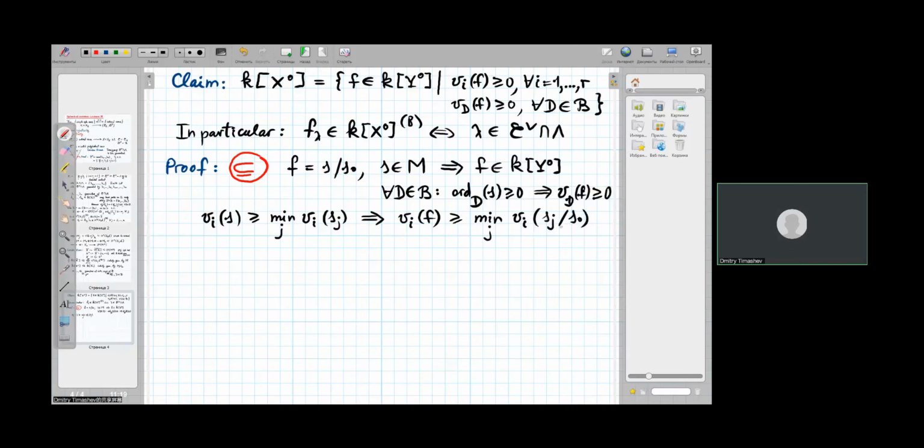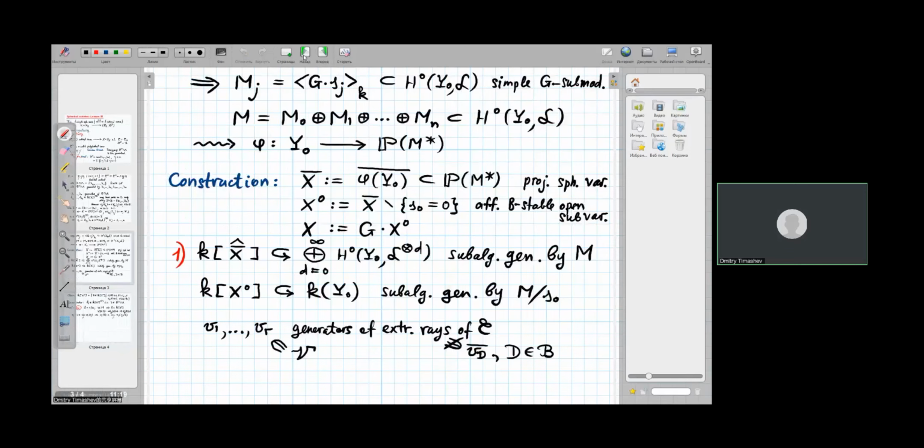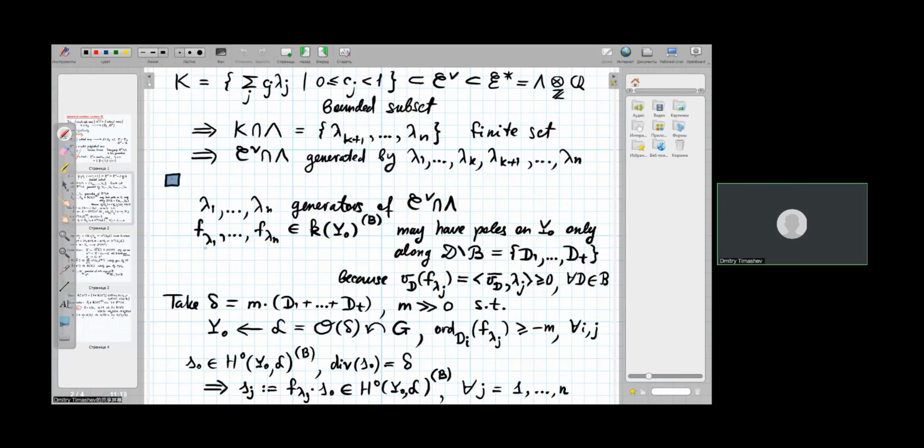And these fractions are exactly the functions f lambda 1, ..., f lambda n, because of how we define these sections.